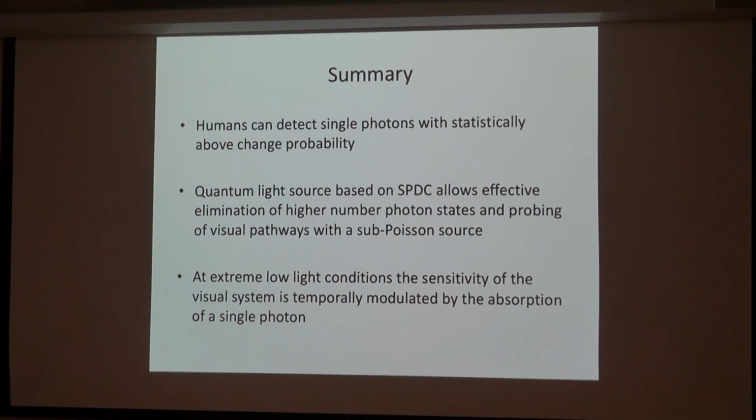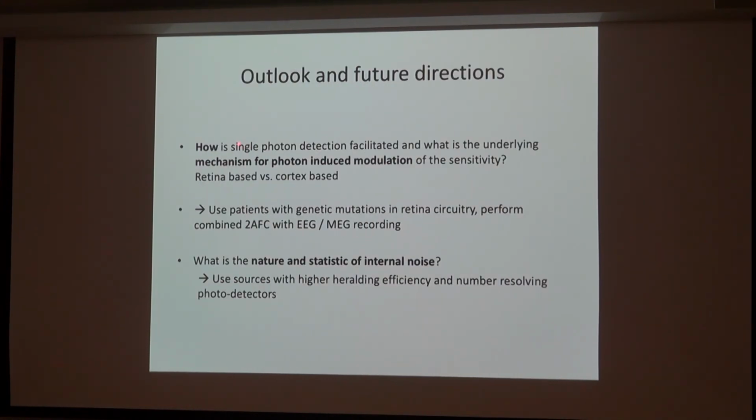Some of the outlook and future directions of this is to try to understand how single photon detection is really facilitated, and what the underlying mechanism of this photon-induced modulation is. Is it based on the circuitry of the retina, as we believe is the case? It could also be a cortex-based mechanism. It's not inconceivable that this is a modulation of the attentional state, so depending on when the subjects have paid more attention, they could have an enhanced probability of detection.